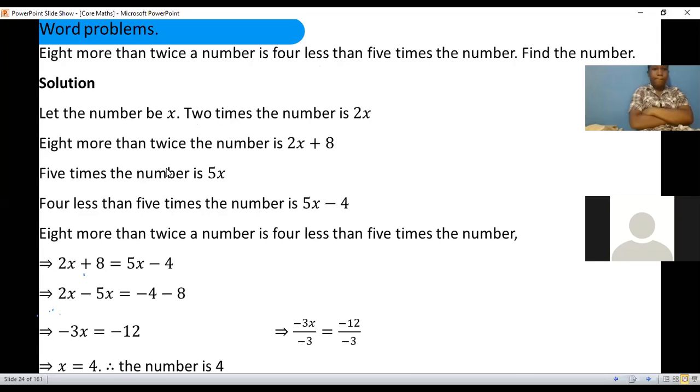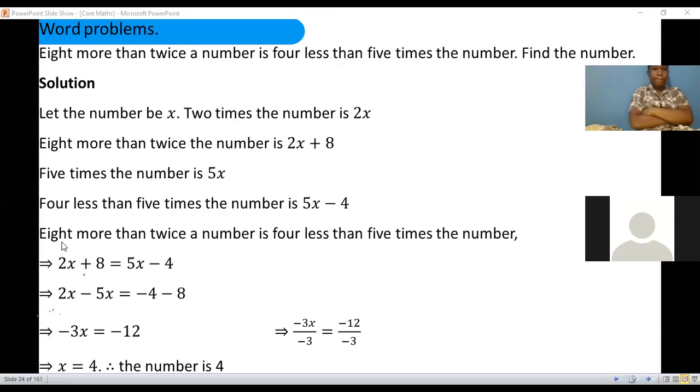So 5 times the number is 5x. 4 less than 5 times the number is 5 times the number minus 4. So that is going to give us 5x minus 4.